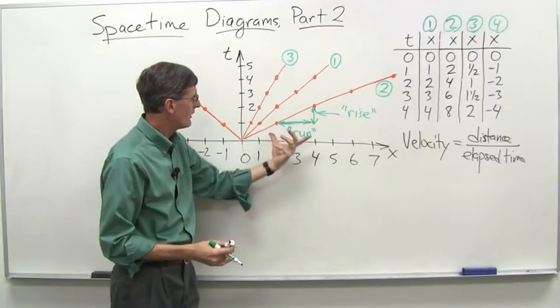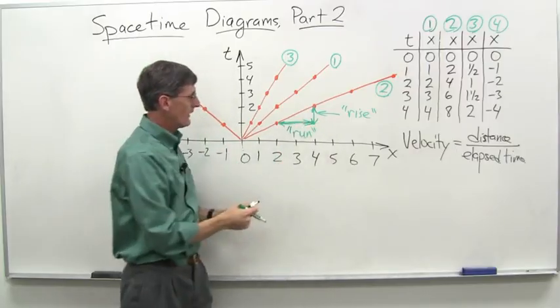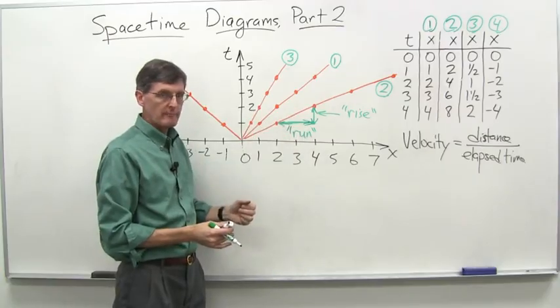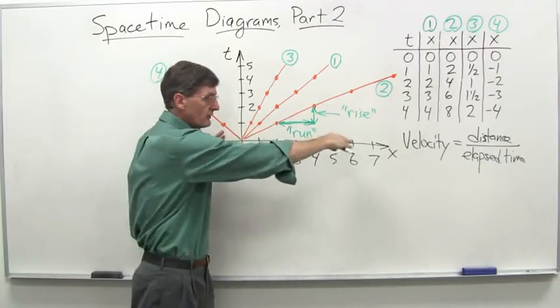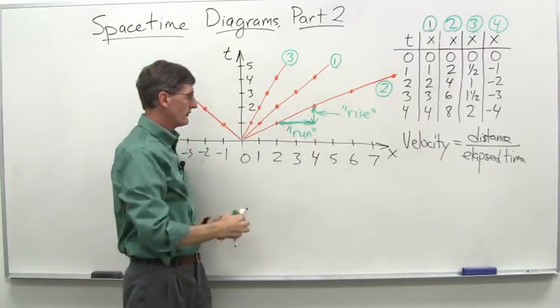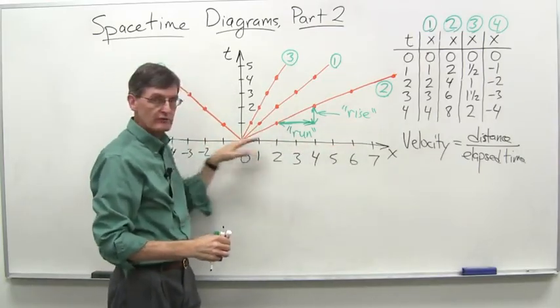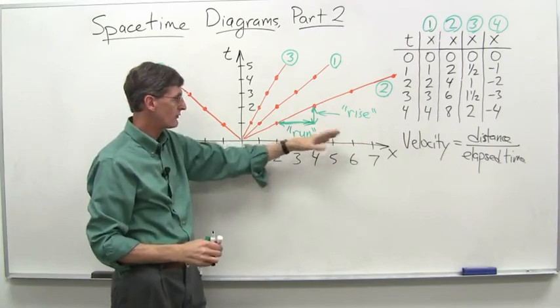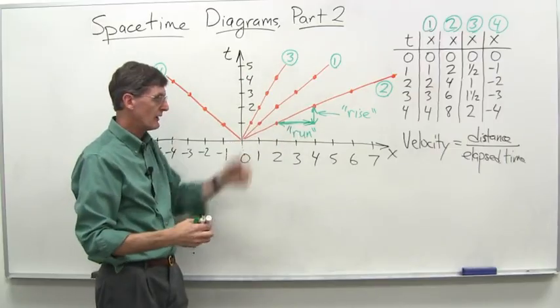So you have a distance of 2 for the run there, getting all the way over to 4, and the rise is 1. So run is a horizontal distance, rise is a vertical distance. Run on our space-time plot represents x distance, how far it's gone along the x-axis. Rise represents distance, in a sense, in time, how much time has elapsed.